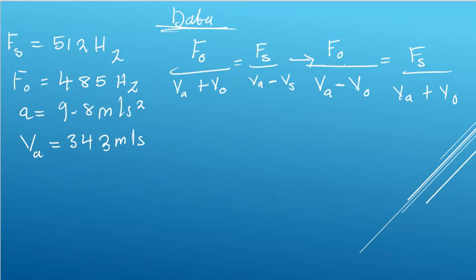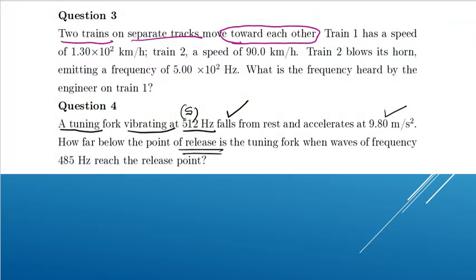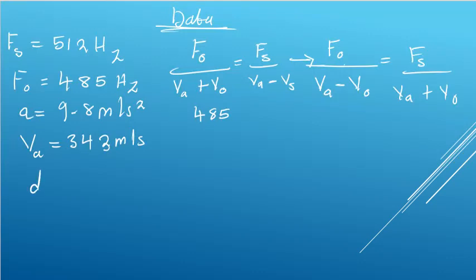So now the frequency of the observer is simply 485. The question is simply asking us how far below the point, so how far is the distance? So that will be over. Now remember that we don't have this guy here. We only have this guy. So we're going to put our 343 here. What is the frequency of the source?